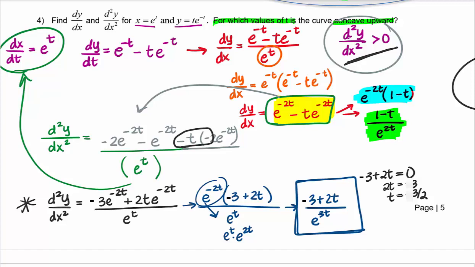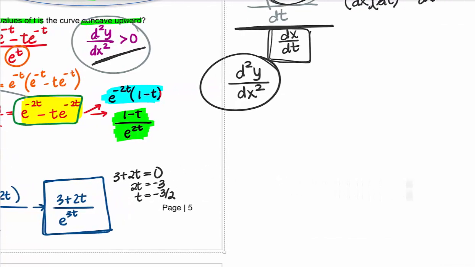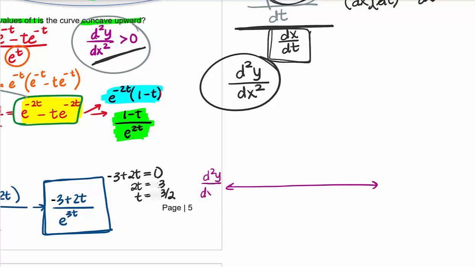So now I'll do a little bit of side work again, and I'm going to do a number line, and I'm going to label this number line that it is my second derivative, so that I'm recognizing that this is assessing concavity. I don't necessarily have other bounds for start and stop, so sometimes you want to pay attention to that.